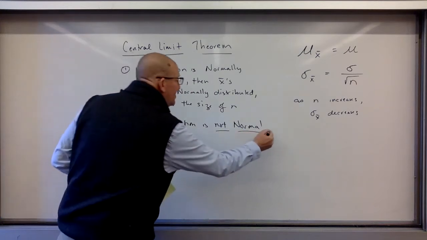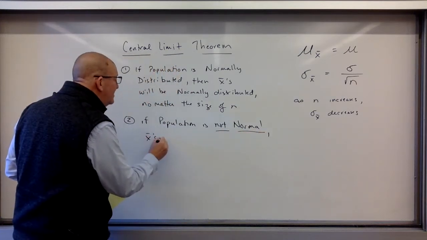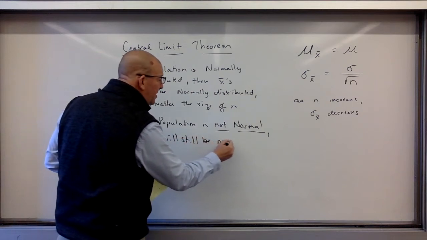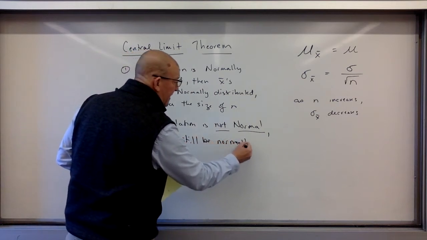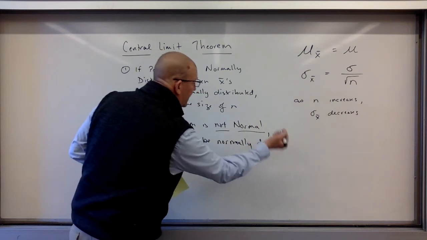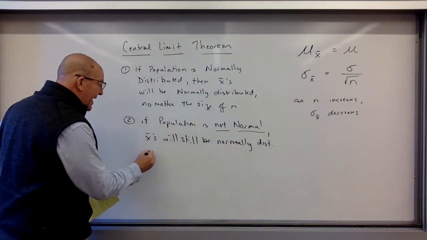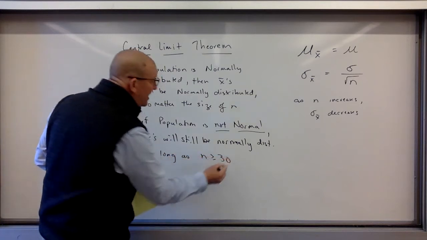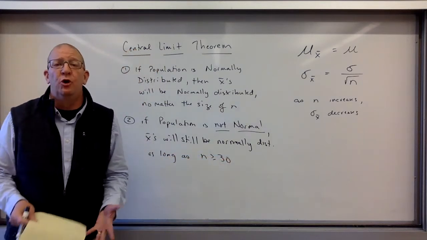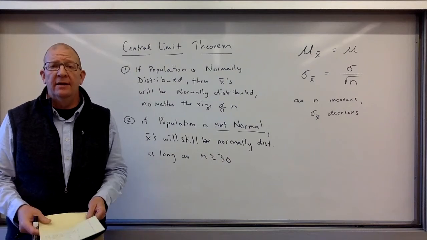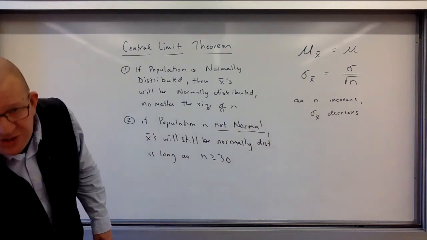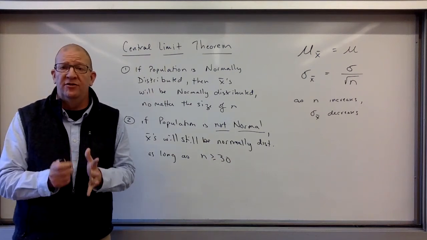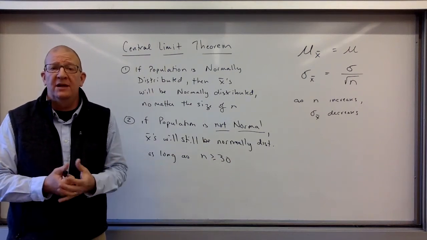So if the population is not normal, the x bars will still be normally distributed as long as n is big enough. And now what's big enough? Well, we generally like to think as long as your sample is more than 30, you're going to be okay. All right? And so if you're dealing with a population that is not normally distributed, we're going to see this as an example here in just a second, you have to make sure you choose a big enough sample.